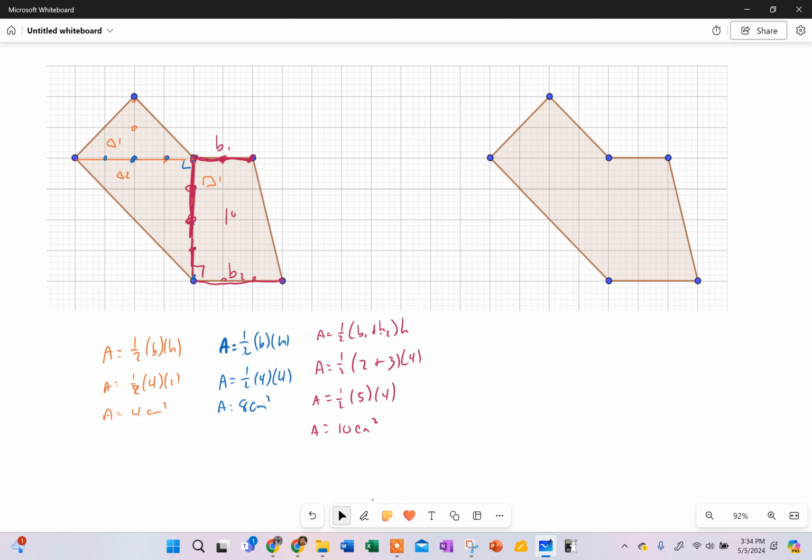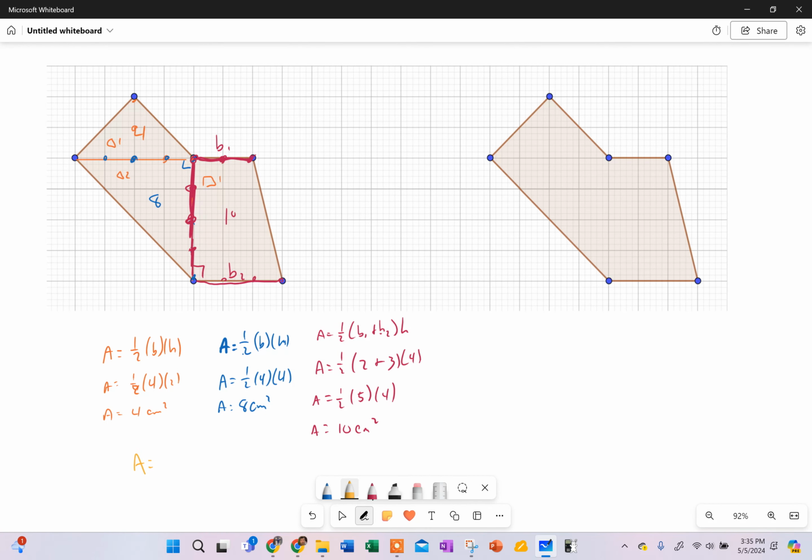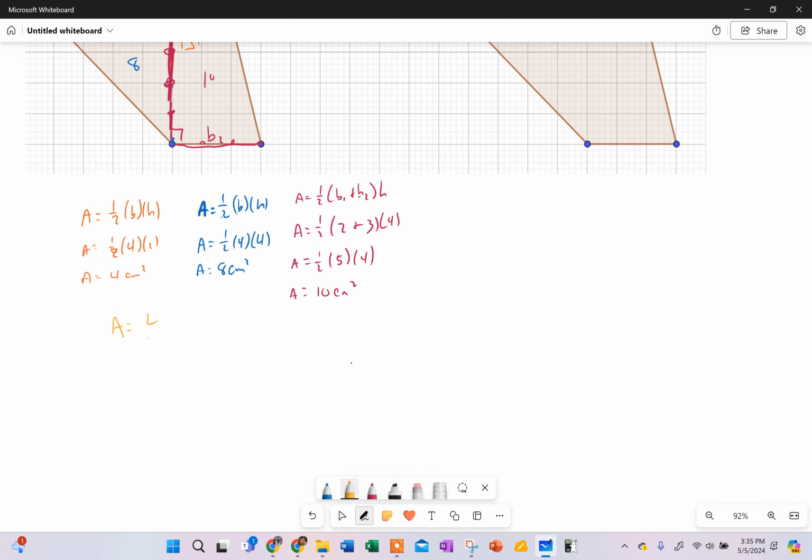So this is 10. This was 4. And this was 8. So the total area of my shape is going to be 4 plus 8 plus 10, which is 22 centimeters squared.